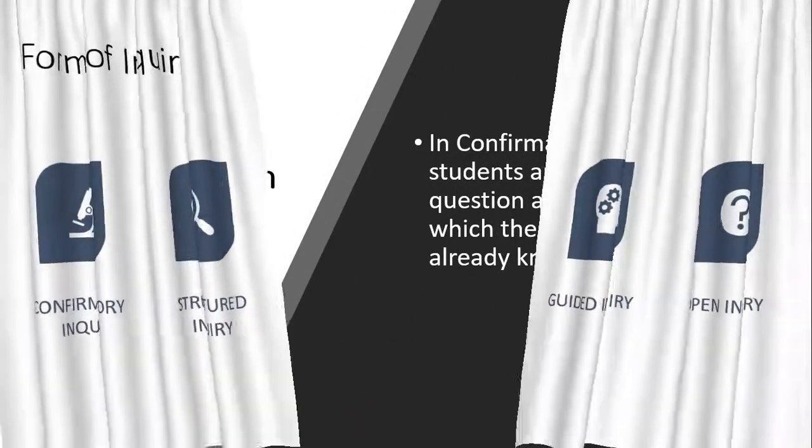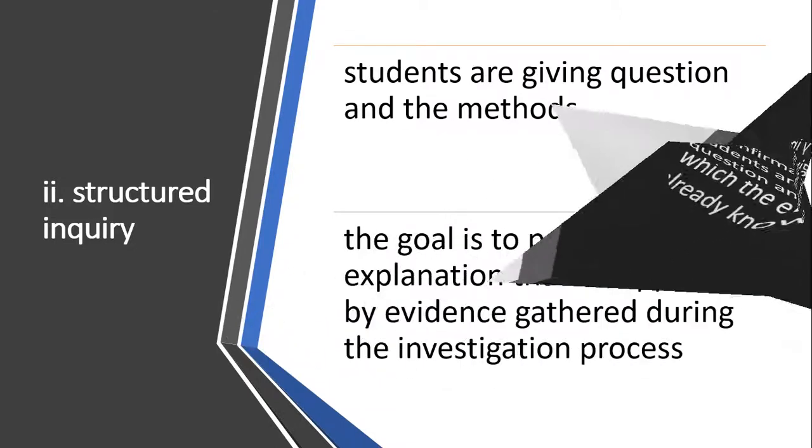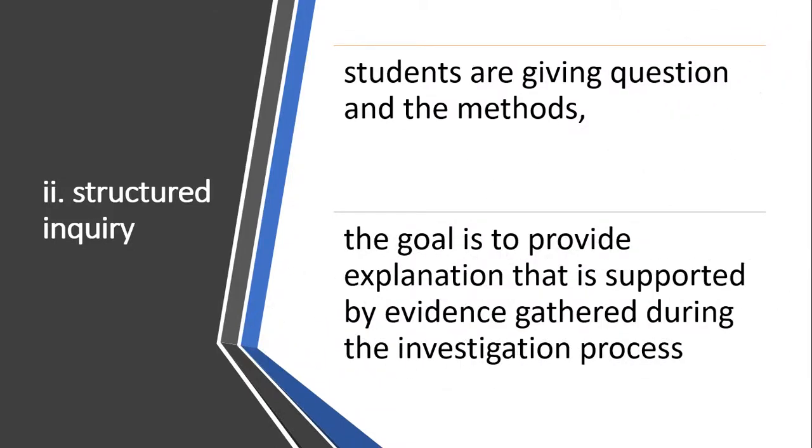According to Purpose, confirmatory inquiry: students are given both questions and method, to which the end result is already known, but the students go through the inquiry process in order to confirm a certain scientific process.